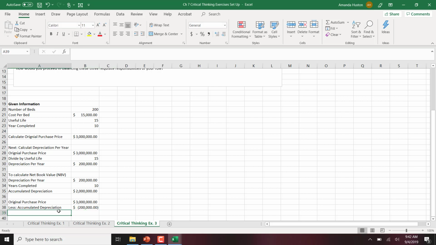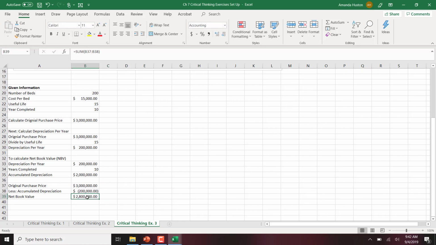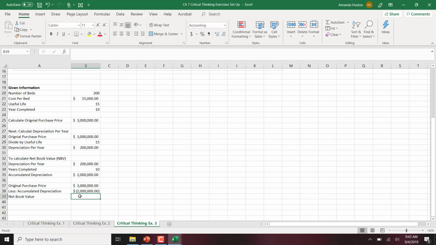I put a negative sign there. So net book value is the sum of these two things. Okay. So accumulated depreciation is this auto sum. So therefore, on the books right now, we have $1 million.